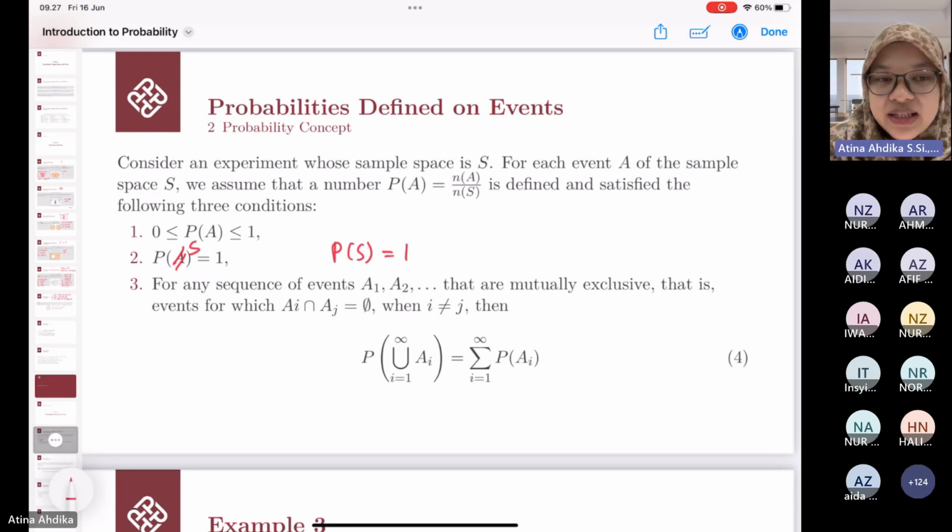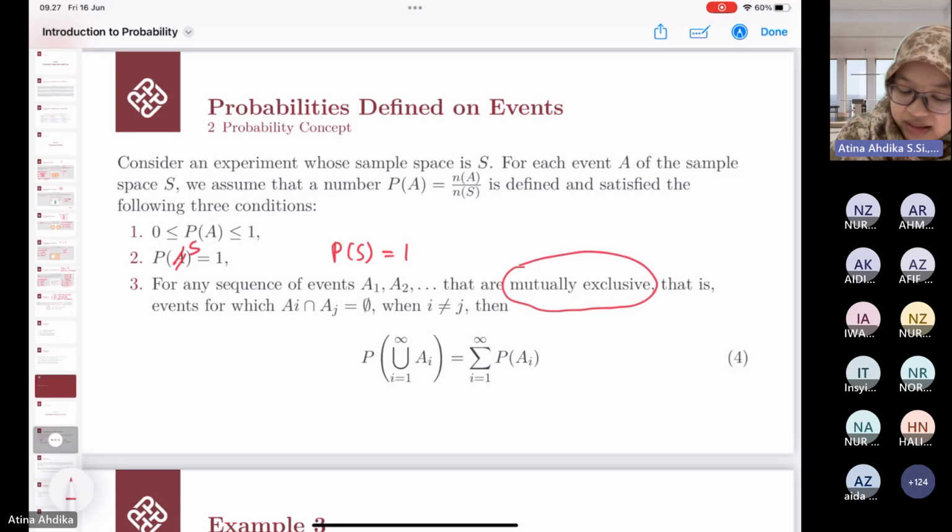And then for any sequence of events A1, A2, etc. that are mutually exclusive, a reminder that mutually exclusive is when we have no intersection between events, the probability of the union of all Ai will be the summation of the probability of all Ai.